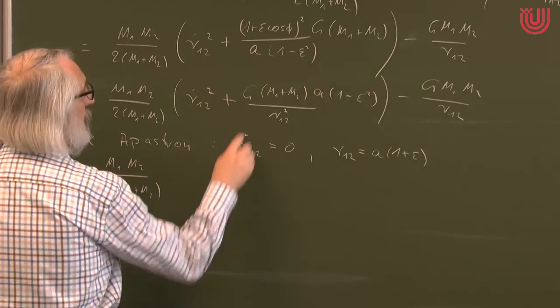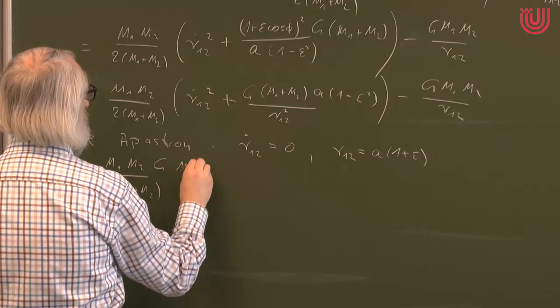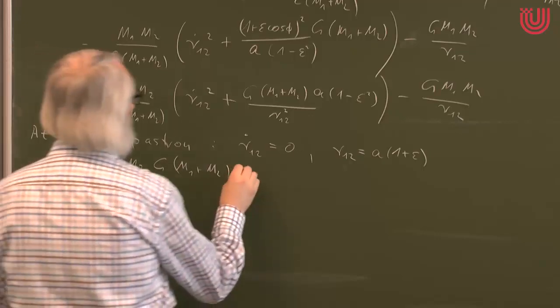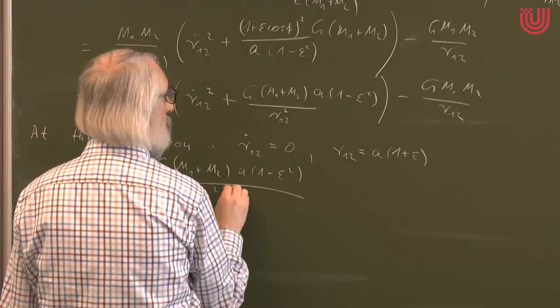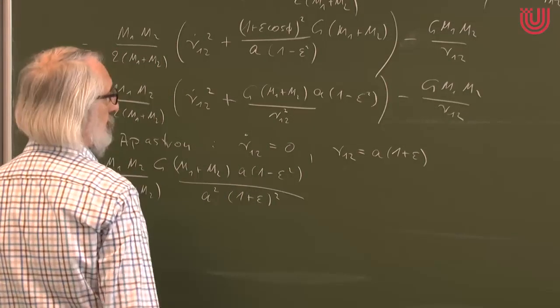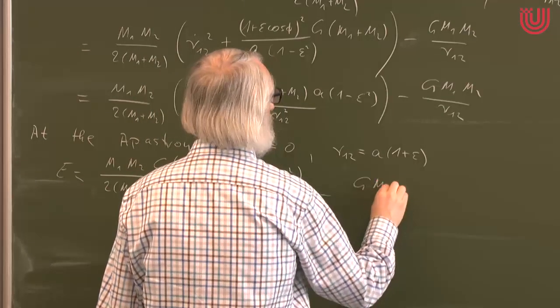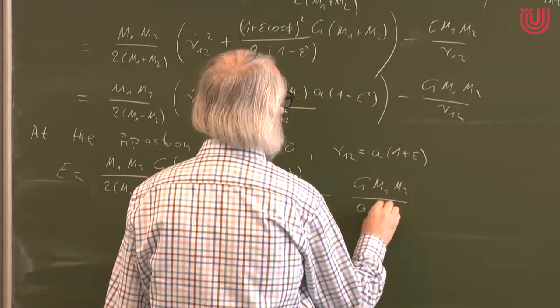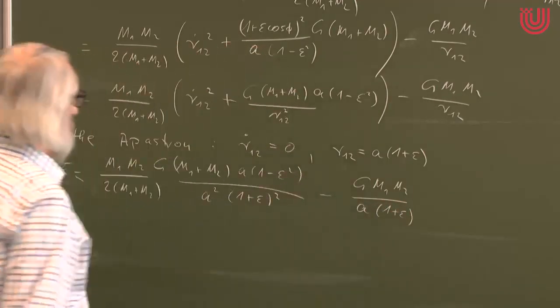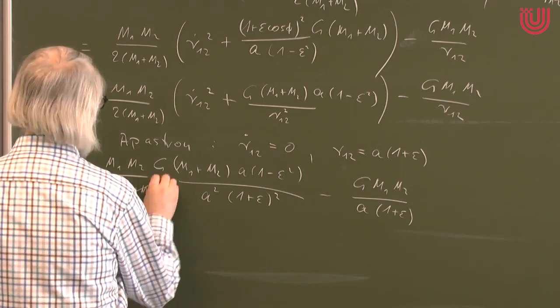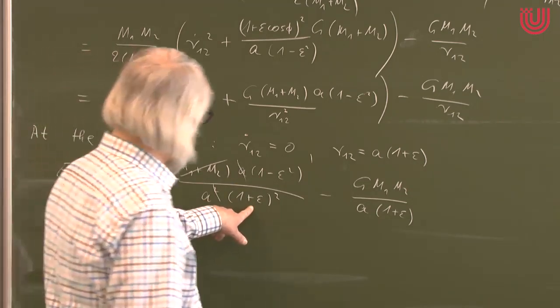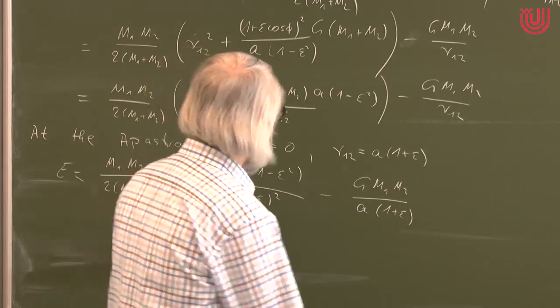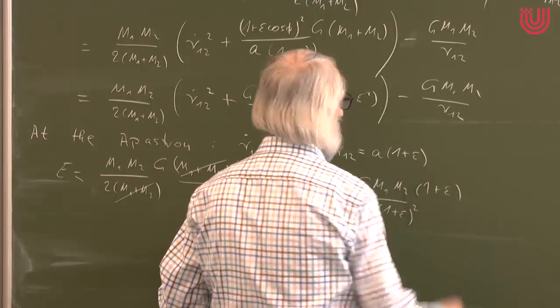So this is 0. Then I have G times (M1 plus M2), A times (1 minus epsilon squared). And this here squared is now A squared times (1 plus epsilon) squared. And the second term is G M1 M2 divided by A times (1 plus epsilon). So I have here the same factor. I have here an A, here an A. And because I want to write everything on a common denominator, I multiply here with 1 plus epsilon.